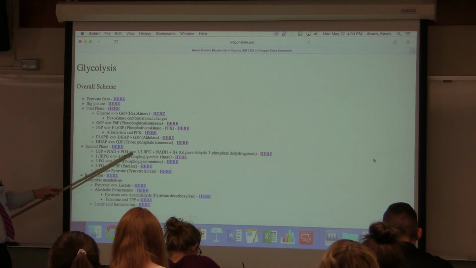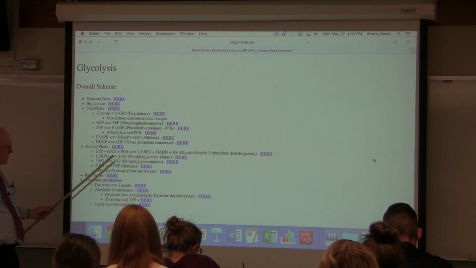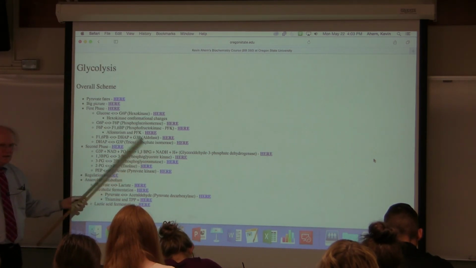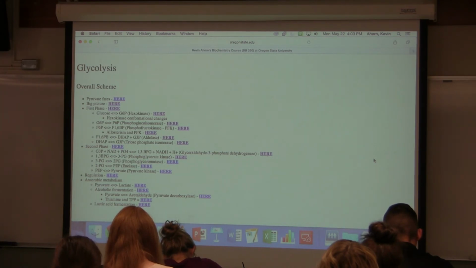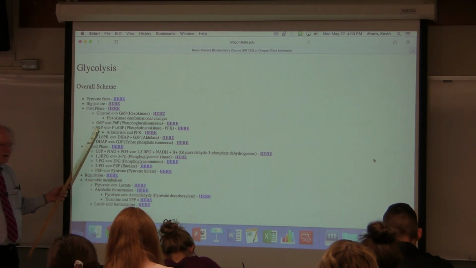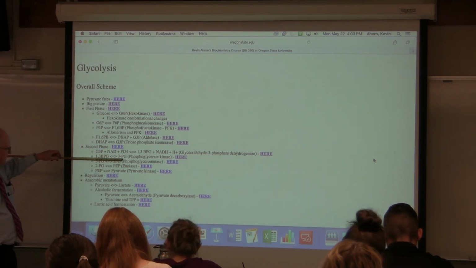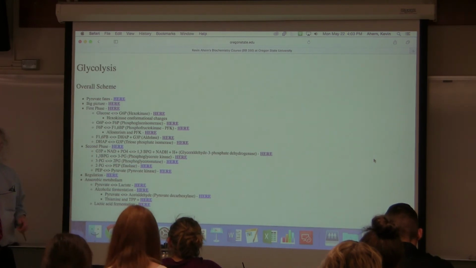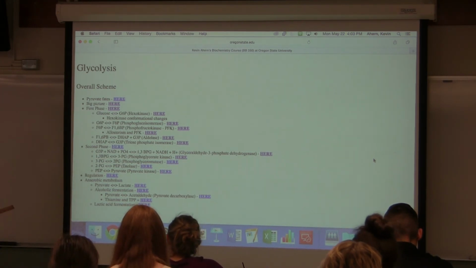So we have two G3Ps, we have two of those, we have two of those, we have two of those. So therefore, at this point, we've made two molecules of ATP. Now, two molecules of ATP are significant because we use two molecules of ATP to get the process started. So at this point in the process, we have broken even. We've completely broken even in the process.